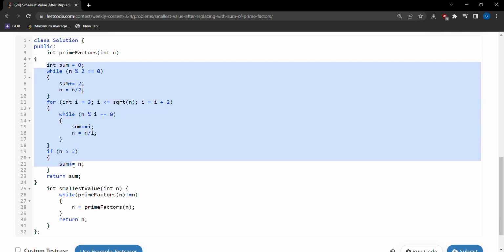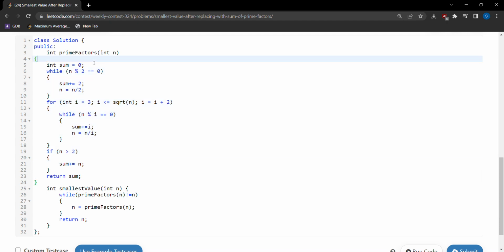First of all, let me tell you, this is a very basic method to calculate the prime factors. I have modified this a little bit to calculate the sum, but this is basically the way to find the prime factors of a particular number. So let's see, int sum is equal to 0, while n percentage 2 equals 0.